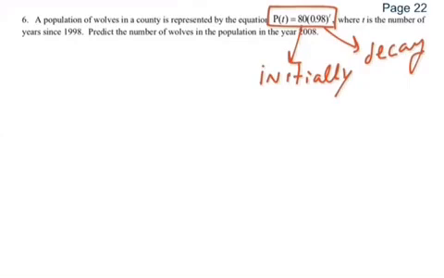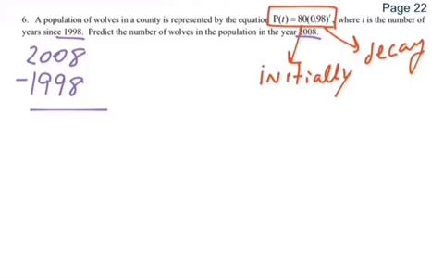They want you to predict the number of wolves in 2008. That does not mean to plug 2008 in for time. It's starting in 1998, so what you need to do is subtract the numbers to get 10. They're talking about 10 years.